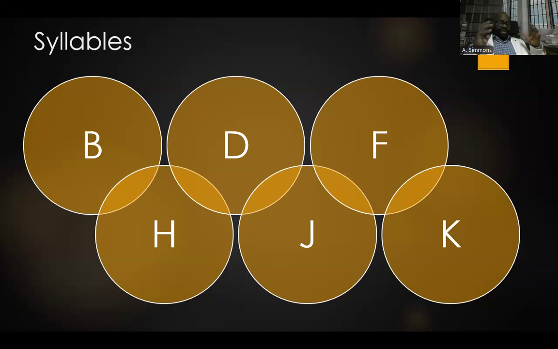And trust me, you're going to see a BA as you read. You're going to see a BE, a BI, a BO. But if you master what I'm telling you now, whenever you see it, you're going to already know it. So when you practice it: ba, be, bi, bo, bu.